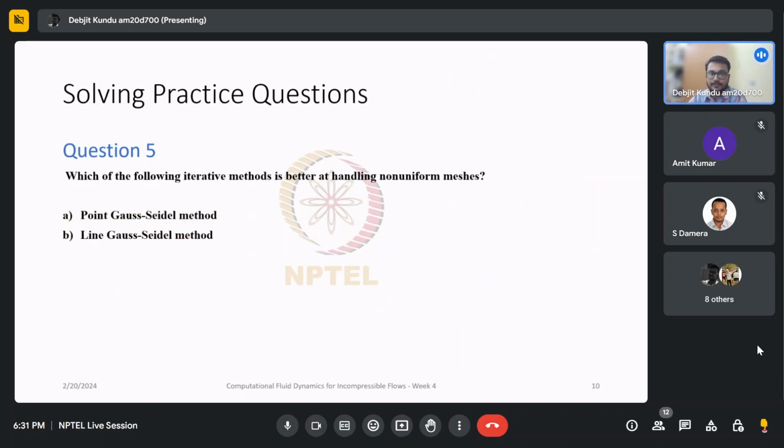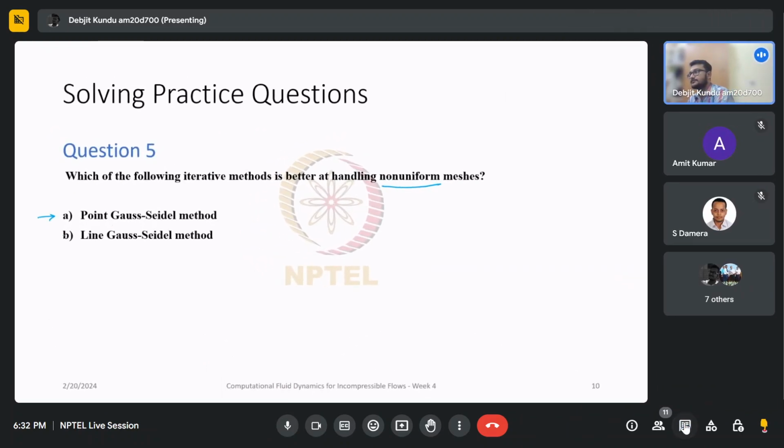We'll move on to question number 5 now, which is asking us which of the following iterative methods is better at handling non-uniform meshes. Is it option A, point Gauss-Seidel method, or is it option B, line Gauss-Seidel method? Okay, we have one quick response in favor of option A, point Gauss-Seidel method.